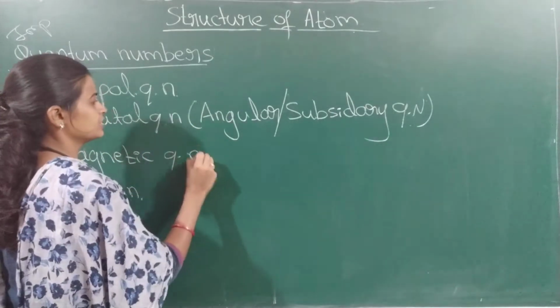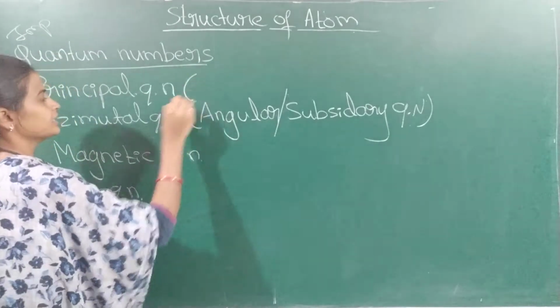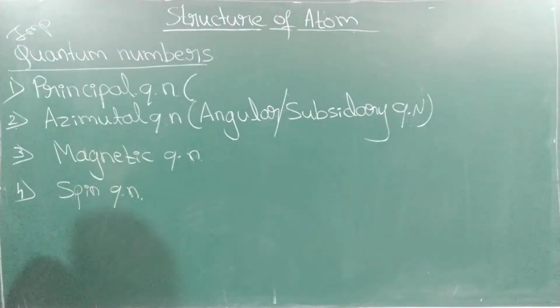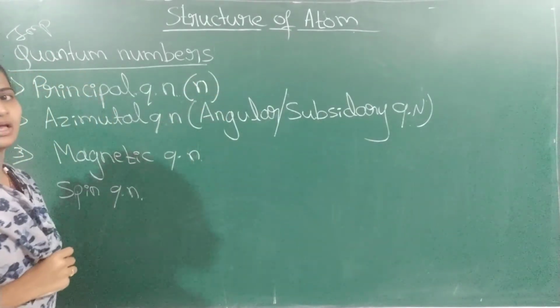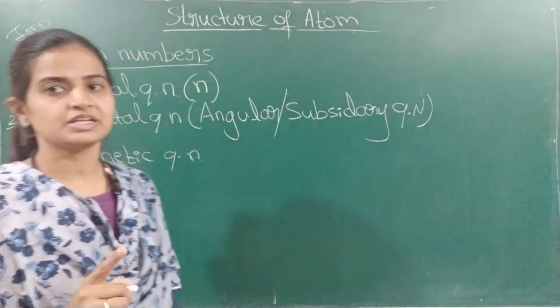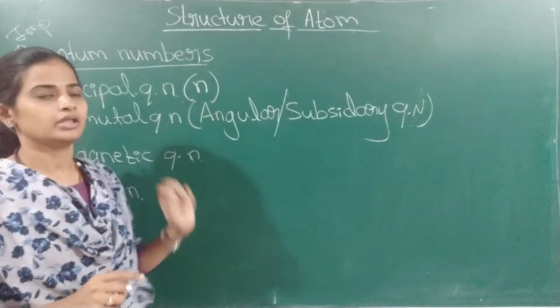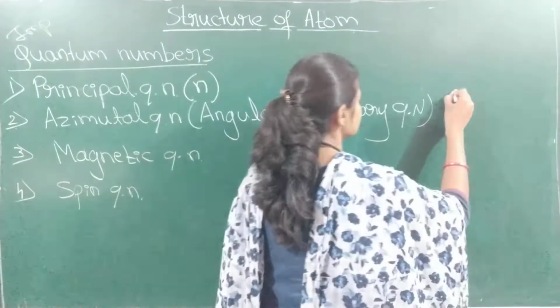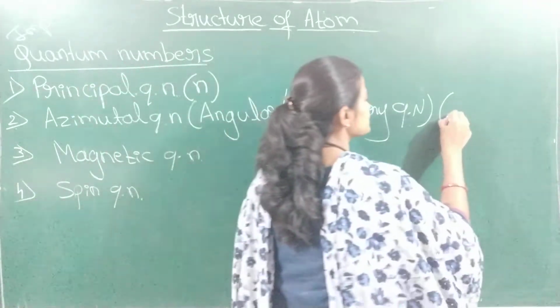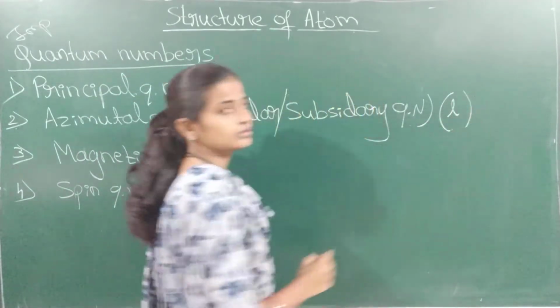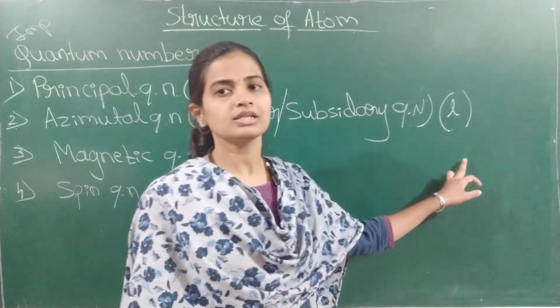Now, this principal quantum number is represented by small n. Remember, principal quantum number is represented with the letter small n. The azimuthal quantum number is represented with the symbol small l.